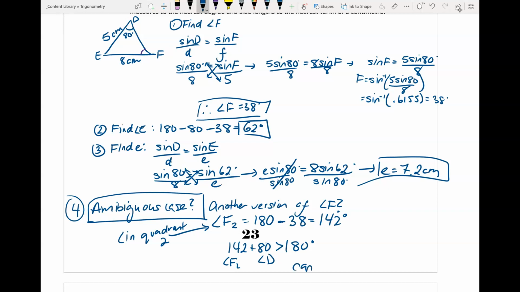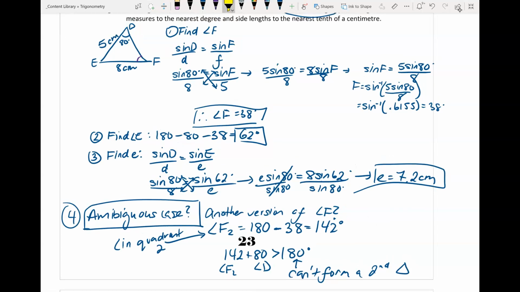So we can't form a second triangle, because it's greater than 180. So we only have one triangle in this case with angle F, that is 38 degrees. Side E is 7.2 centimeters. And then angle E is 62 degrees.